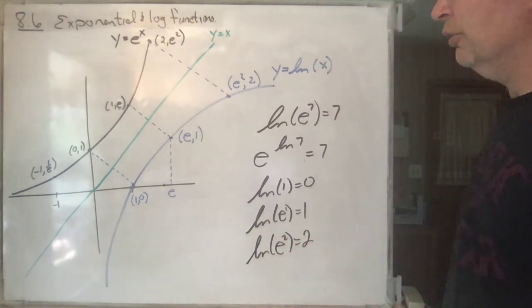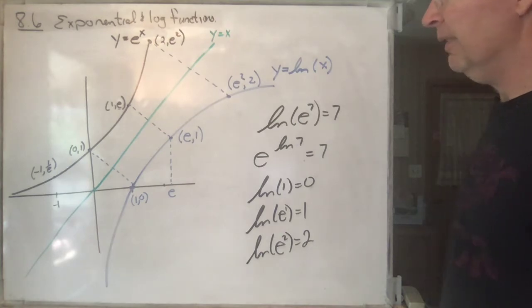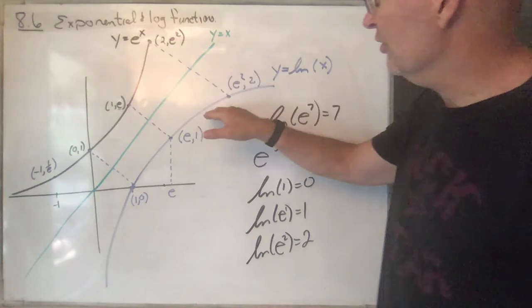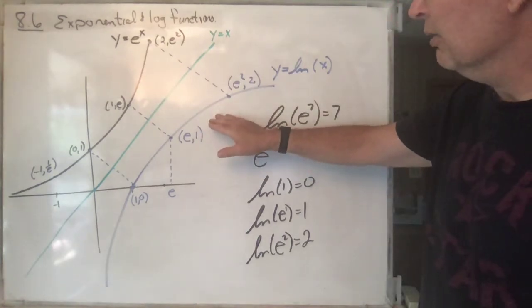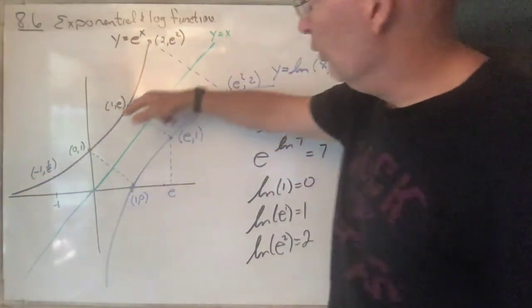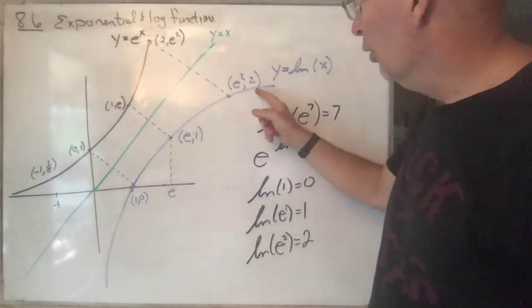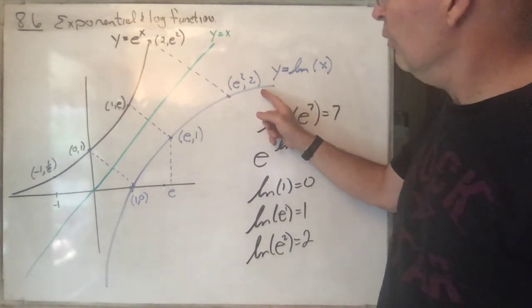So they just undo each other like that. Okay? That's the key relationship between an exponential function and its accompanying logarithmic function. And another thing to notice is that since this thing grows very, very, very quickly, this thing is going to grow very, very, very slowly.